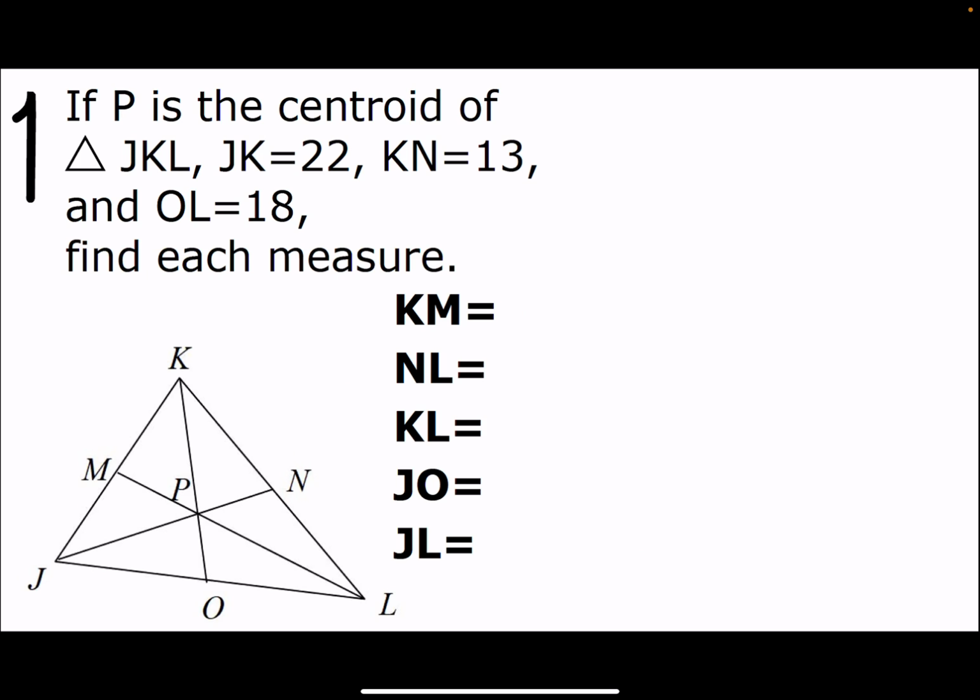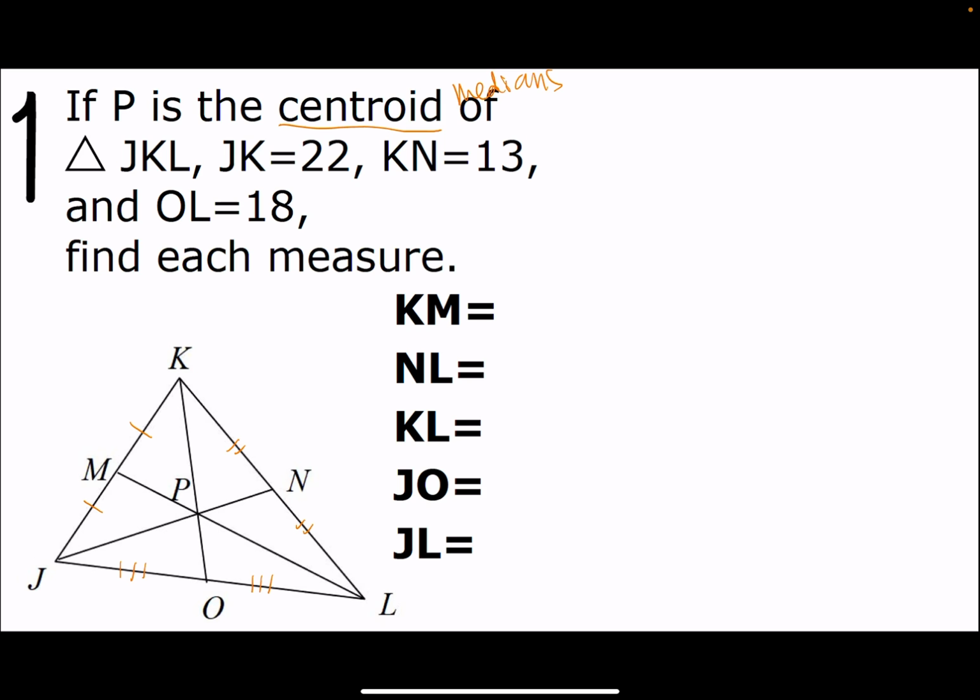All right. So if PB is the centroid of JKL, that means automatically you need to mark it up because you'll want to remember that centroid is with medians. That means M is the midpoint of JK, N is the midpoint of KL, and O the midpoint of JL. All right.